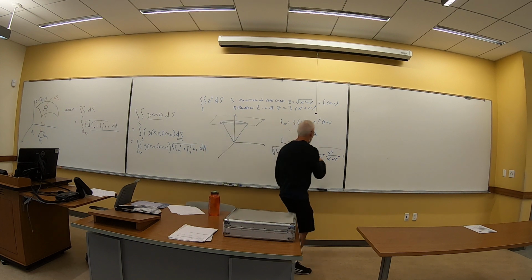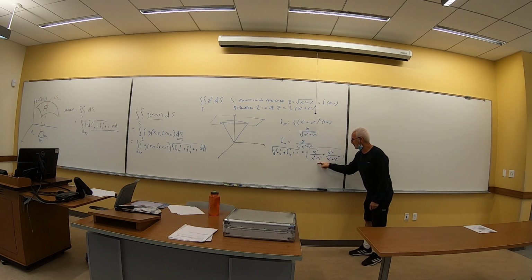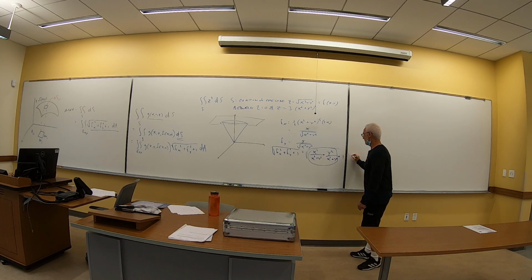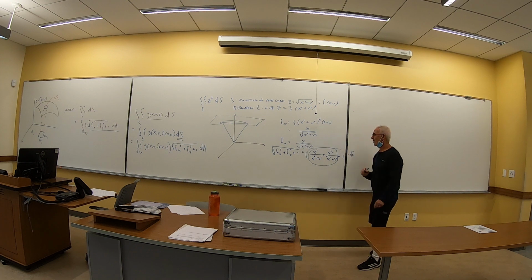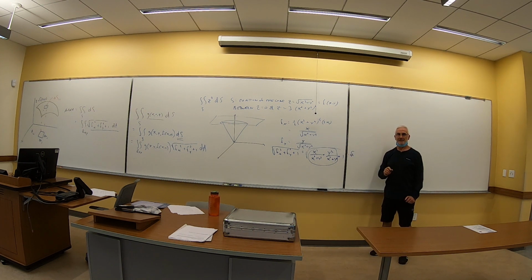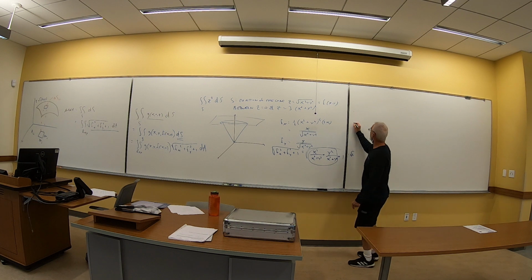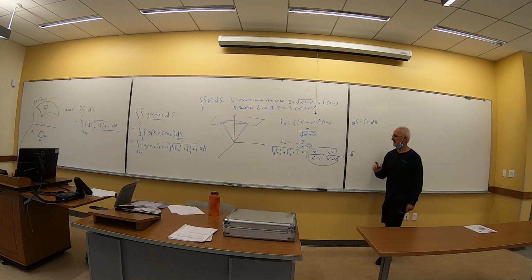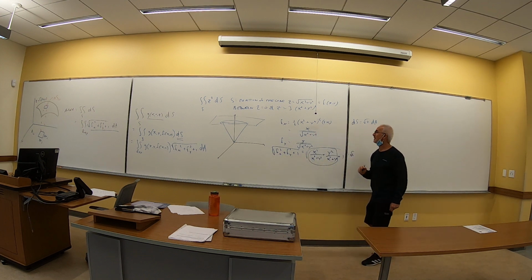Well, first of all, x squared over x squared plus y squared, plus y squared over x squared plus y squared. Isn't this right here just equal to 1? You have x squared plus y squared over x squared plus y squared. Okay, so this is just equal to 1 plus 1, or root 2. Ooh. So therefore, I can say that dS is root 2 dA.